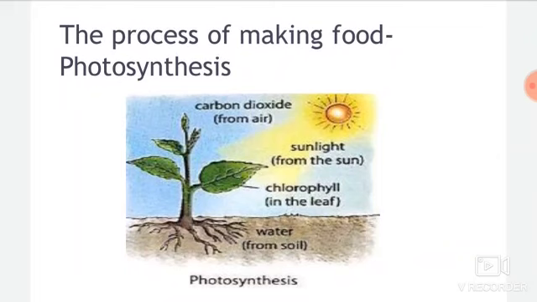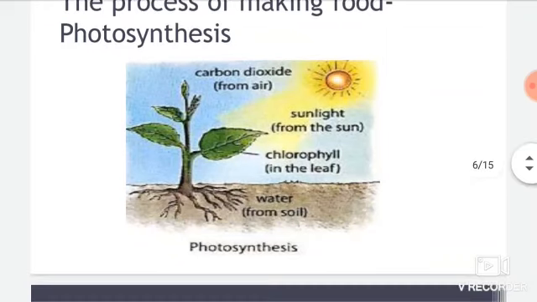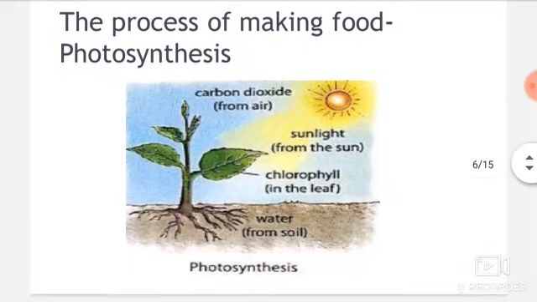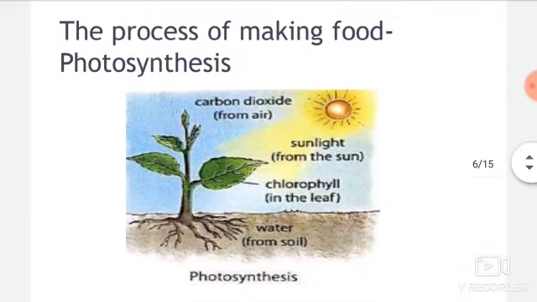In the presence of chlorophyll, which is a green pigment present in the leaf, and by using water that is present in the soil and absorbed by the roots, the green plants prepare food with the help of carbon dioxide, sunlight, chlorophyll, and water. This process is called photosynthesis.